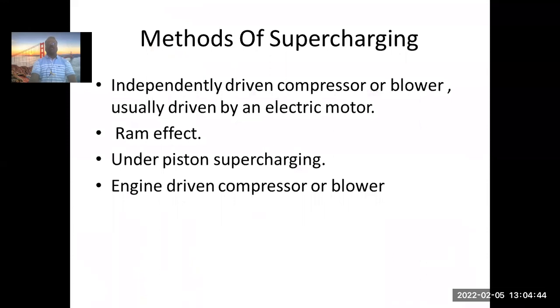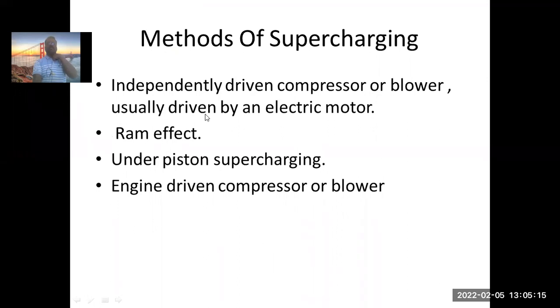On the slide, we discussed the different methods of supercharging. The first one and the last one are the same: using a compressor or some pressure boosting device, which can be run on outside power, or it can be engine driven. That means in one case the power required for the pressure booster is taken from outside, and in the other case the power required is taken from the engine itself.